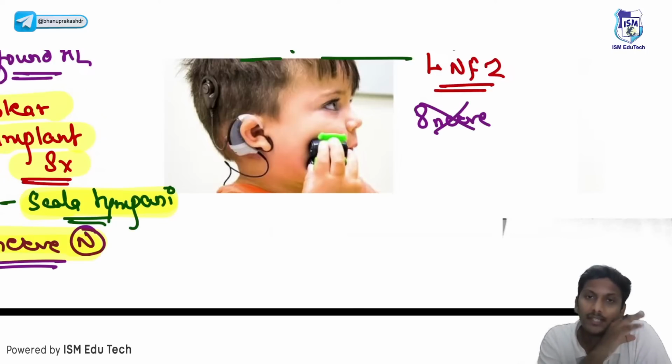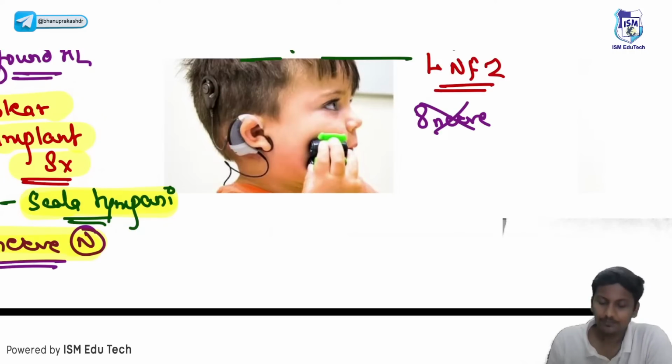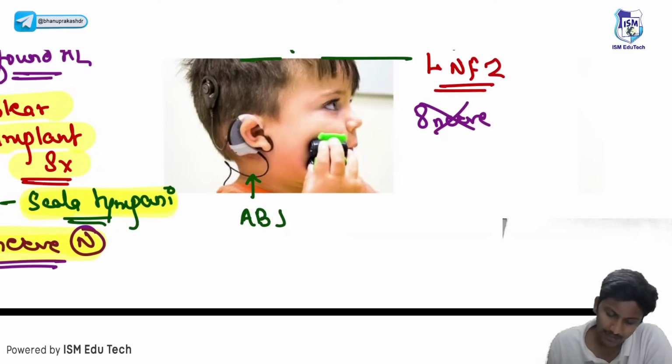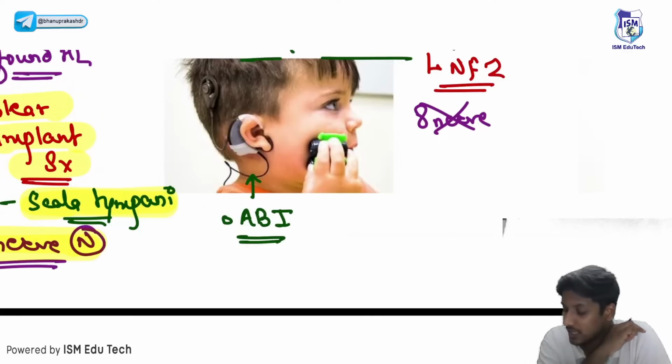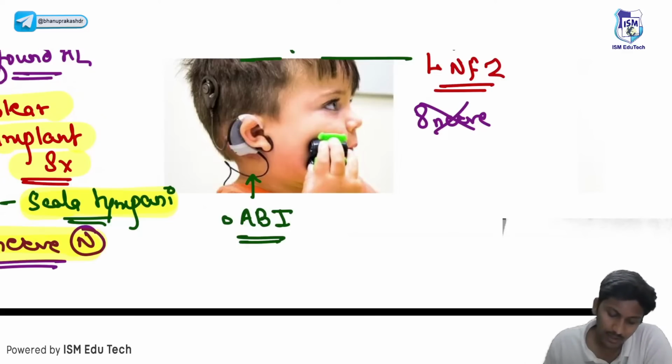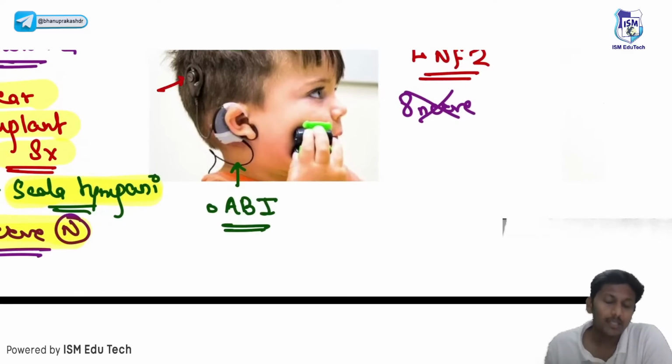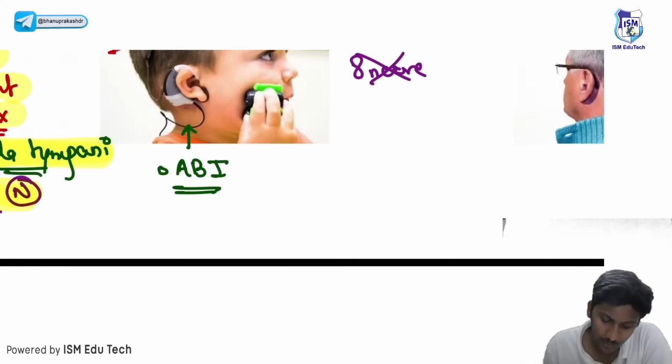No, because it needs a normal 8th nerve. So if the vestibulocochlear nerve, the 8th nerve, has been damaged, then we need to go for this procedure. And what is this procedure called? This is the ABI, the auditory brainstem implant. Here, the electrode, as you can see over here, will not stimulate the cochlea.